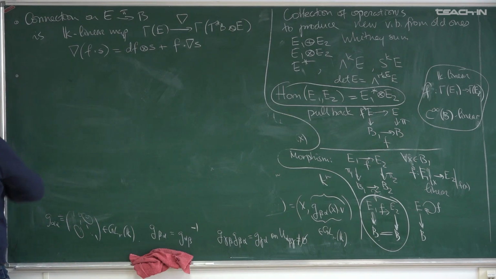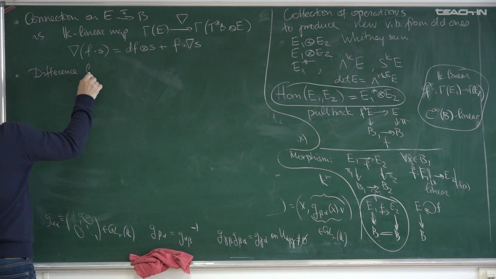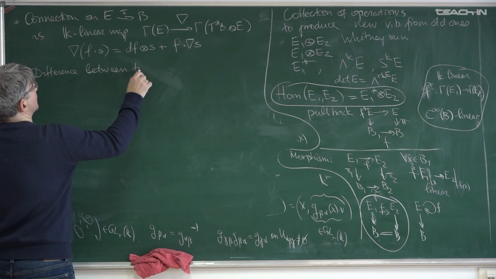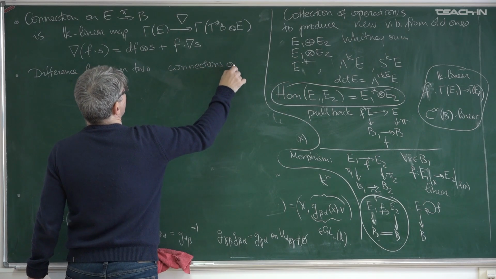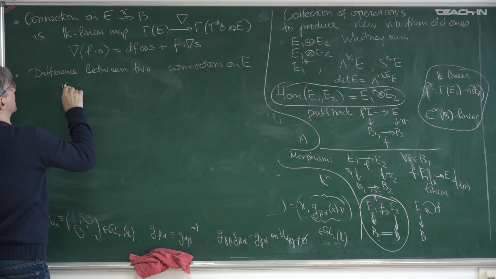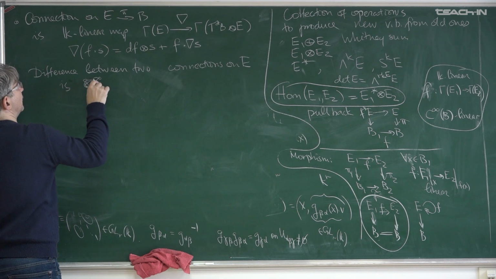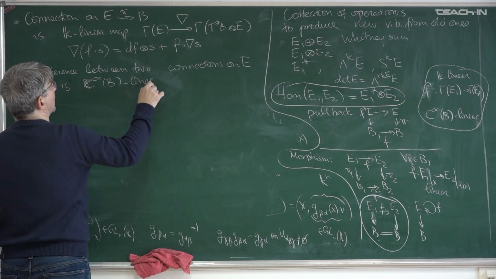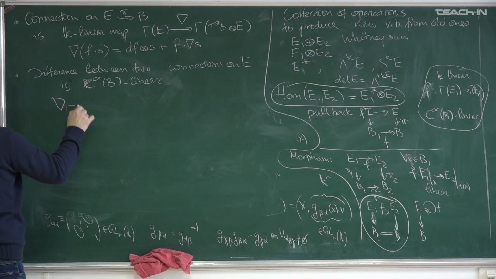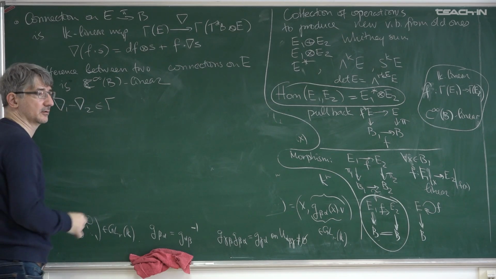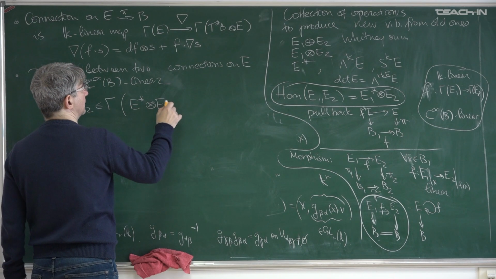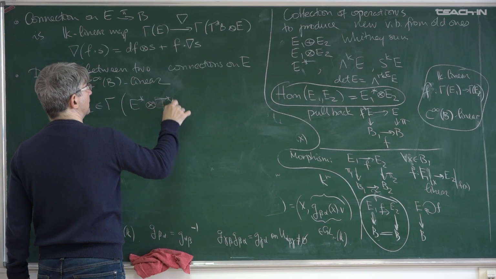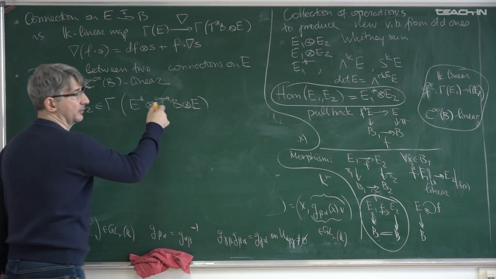Well, so what do we need to understand? The difference between two connections on E is C infinity B linear. Yes, so nabla 1 minus nabla 2 is a section of what? E star tensor E. Okay, we should write something like this to preserve order.